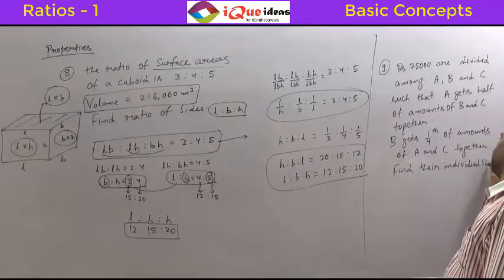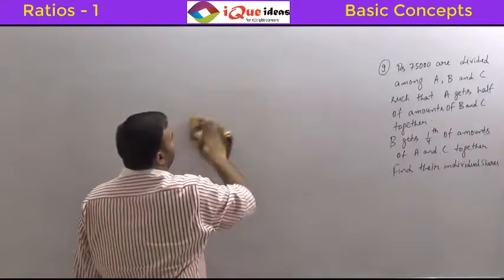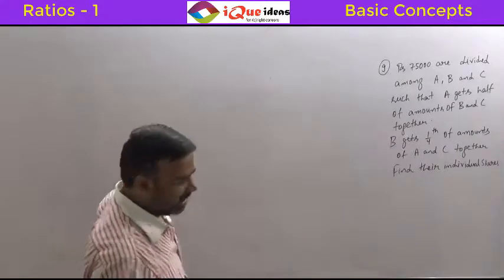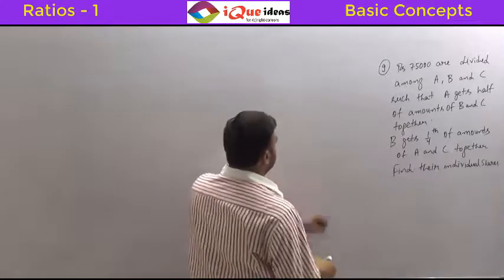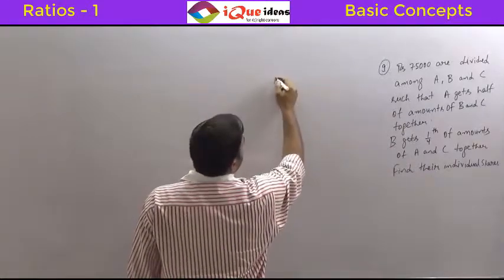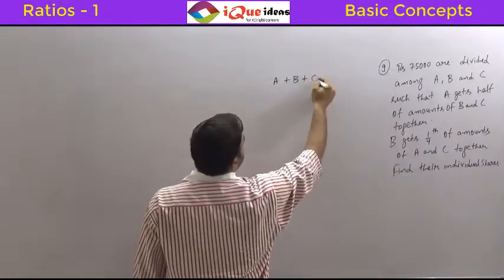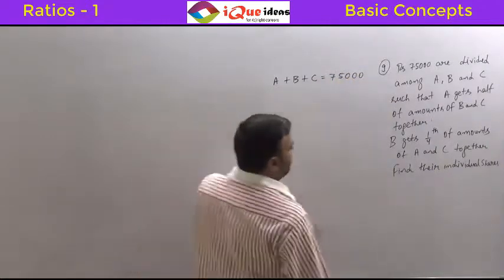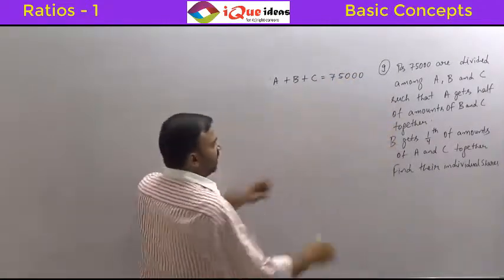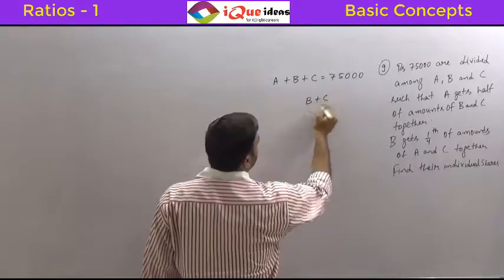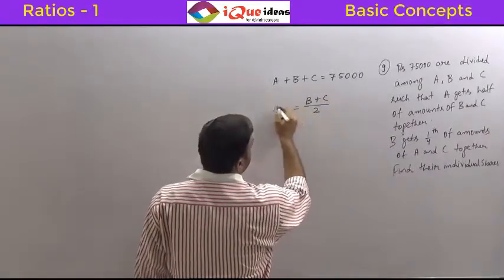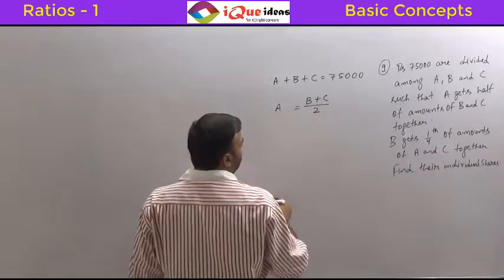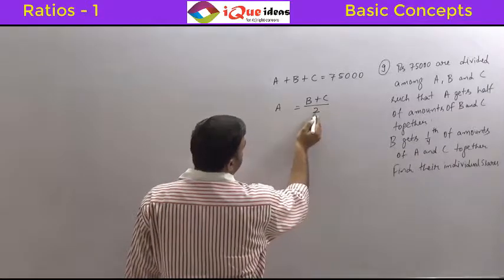Individual shares. Just consider the amount of A as A, amount of B as B, amount of C as C. So the first equation that we get is A plus B plus C is equal to 75,000. Now second equation, A gets half of the amounts of B and C together. So whatever B and C get, half of that is equal to A. So instead of making an equation, just do one thing. Bring 2 on this side.